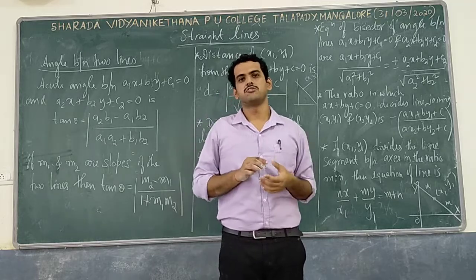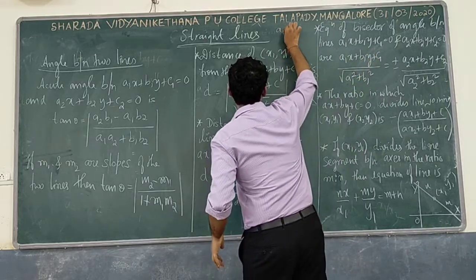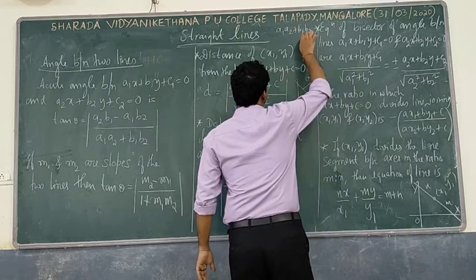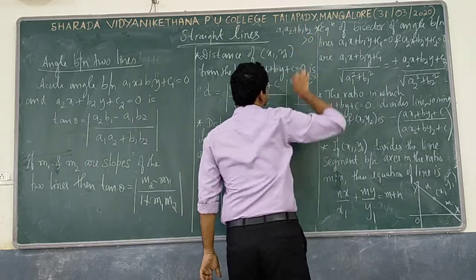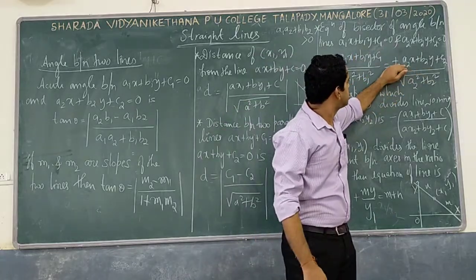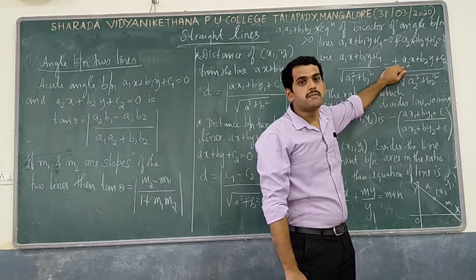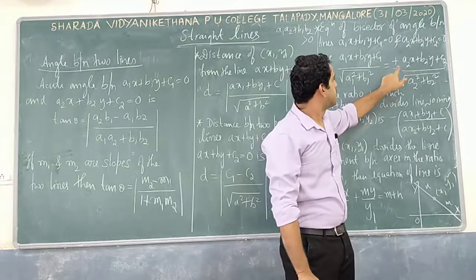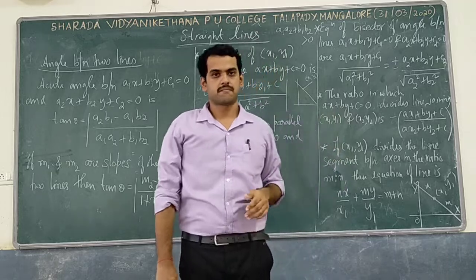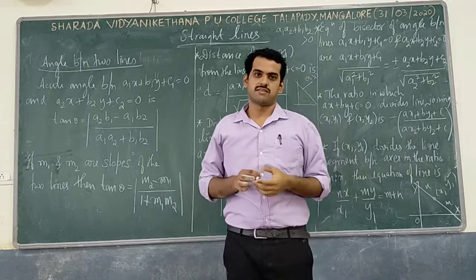If that is greater than 0, then the equation with only the plus sign is going to give you the obtuse angle bisector, and the negative sign is going to give you the acute angle bisector. And if it is negative, then it is completely vice versa.